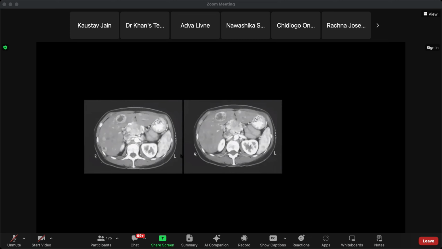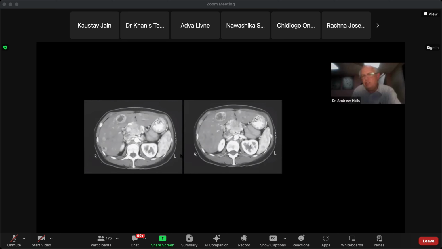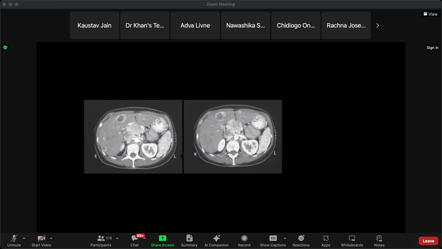So what else is a carcinoid? What else is an octreotide scan used for? Octreotide, apart from carcinoid, any neuroendocrine tumor. This could be a pancreatic neuroendocrine tumor just at the head, which is arterially enhancing.